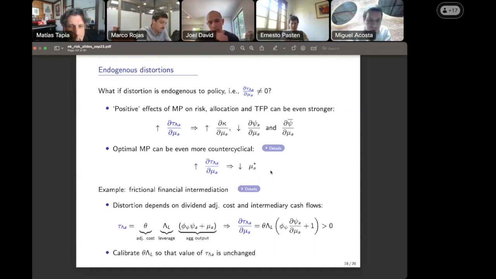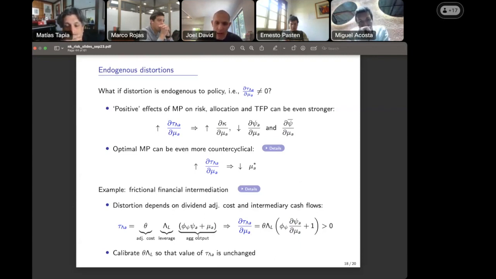So let me give a quick example. Here I'm going back to my model of banking. I gave you the broad outline before. The distortion depends on the adjustment cost and dividends and the dynamics of the cash flows of the banking sector. Here I'm showing you an expression for the distortion. In general equilibrium, it turns out that intermediary cash flows are like a leveraged claim on aggregate output.